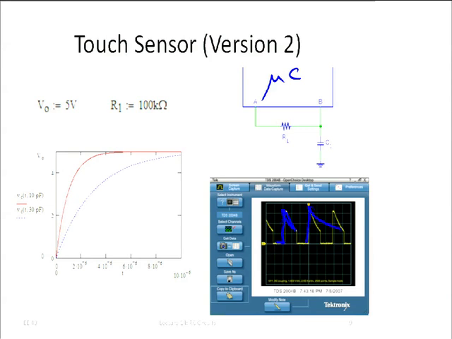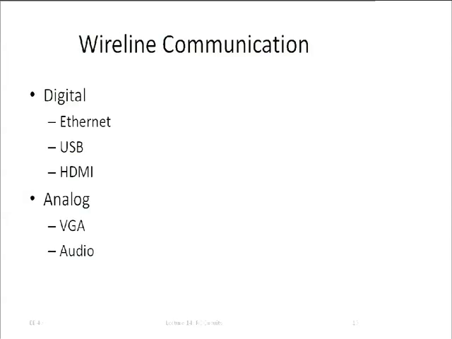Okay, so another interesting thing is if you want to do, for example, communication, if you want to get information around. Well, there are 2 ways to get information around. One way is to simply send around the voltages, right? Let's say the sound that goes from your amplifier to the speaker is an analog voltage.